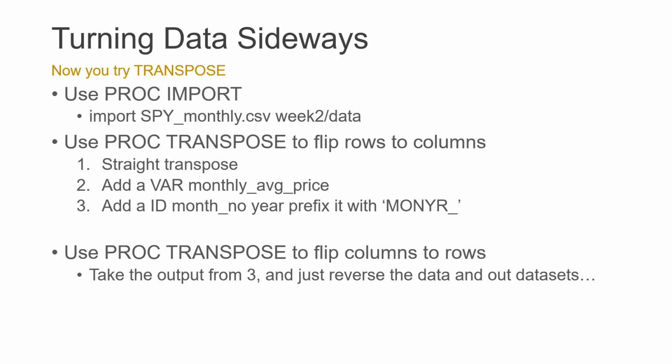Unlike what I did, you're also going to use month and year as part of your ID variables and see what that produces. So do a straight transpose, add the var, and then add an ID variable for month and year. Prefix it with month year and see what happens. And then see if you can flip it back down. Happy transposing.